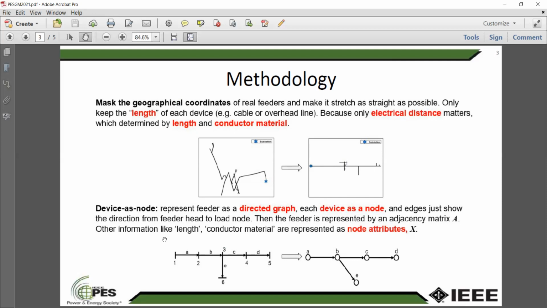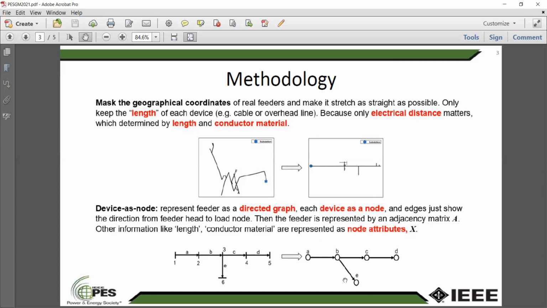And after that, we make the feeder system a graph, a directed graph. For each device in the system, we represent it as a node. So in a directed graph, it looks like this. They have components A, B, C, D, E, but we make a transformation to make each component a node. So after the transformation, A, B, C, D, E components are nodes.